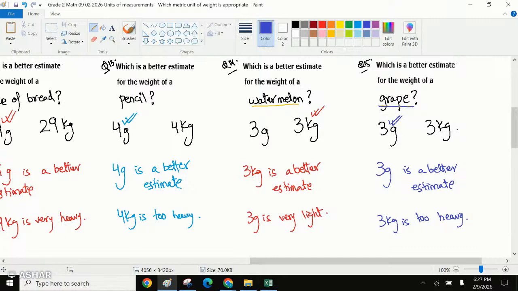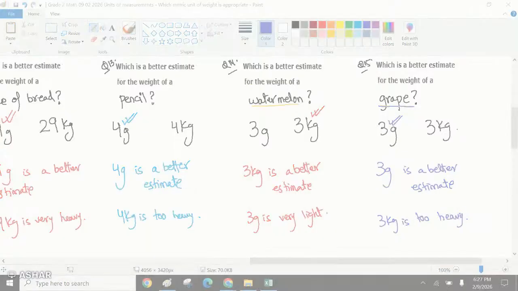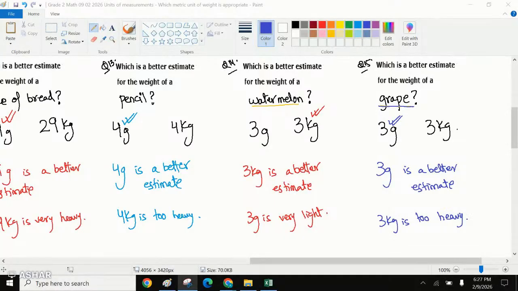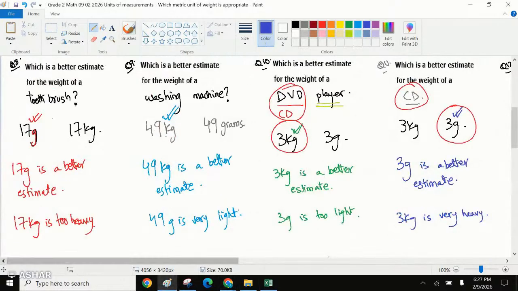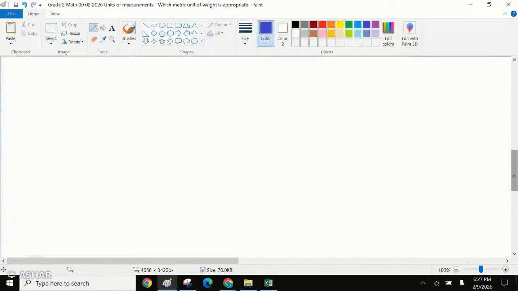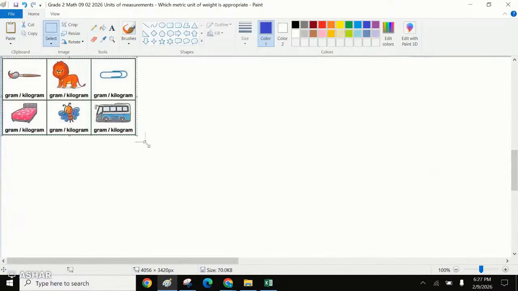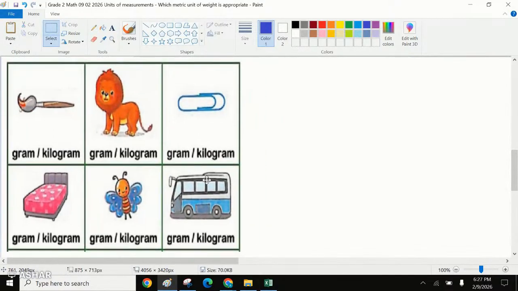Okay, let's have a look at some other questions. Let's try them quickly. Choose the suitable units. Question number 16. Let's do them quickly.